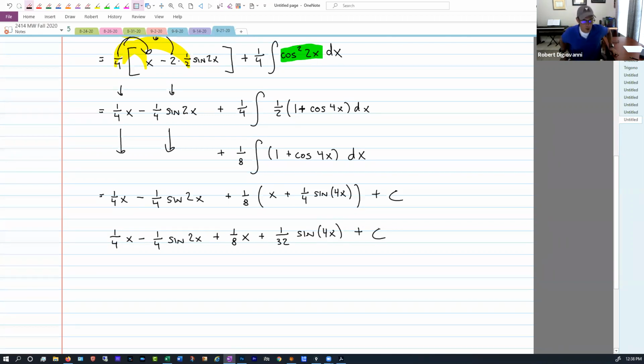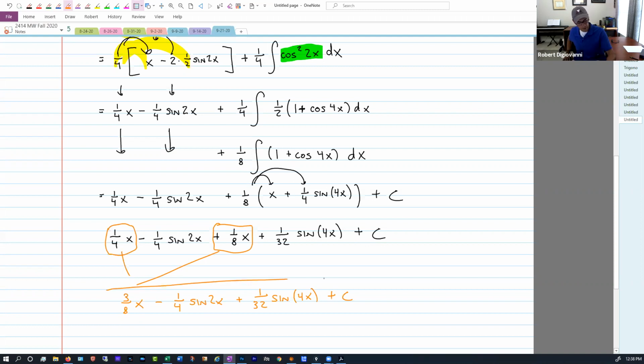So I distributed the 1/8 through. And there is one more thing I can do. I can put these two together because they're like terms. So when I put those two together, that becomes 3/8 x minus 1/4 sine 2x plus 1/32 sine 4x plus C. There it is.